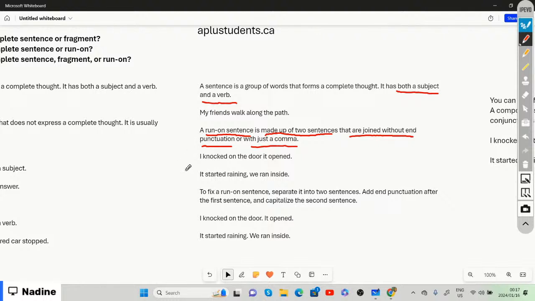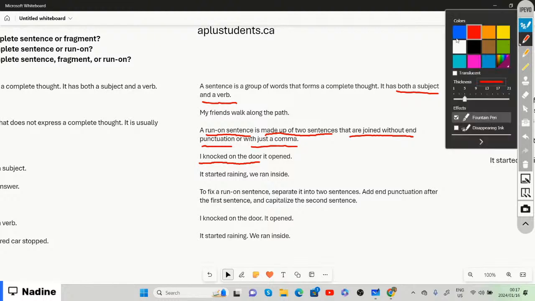For example, I knocked on the door, it opened. If we look at this specific run-on sentence, then we can separate this by saying, I knocked on the door, and it can be separated by it opened. So that is the two sentences.